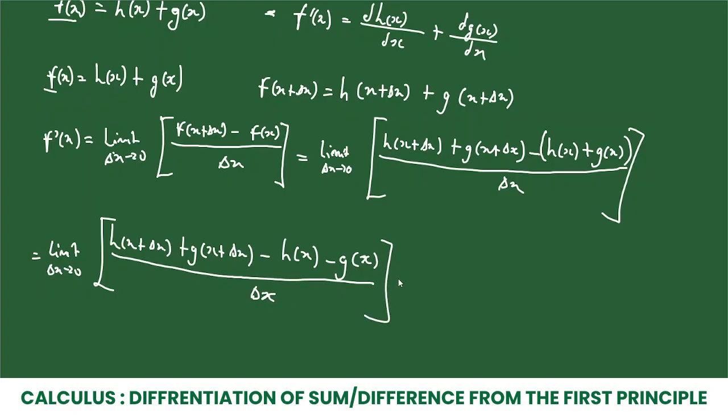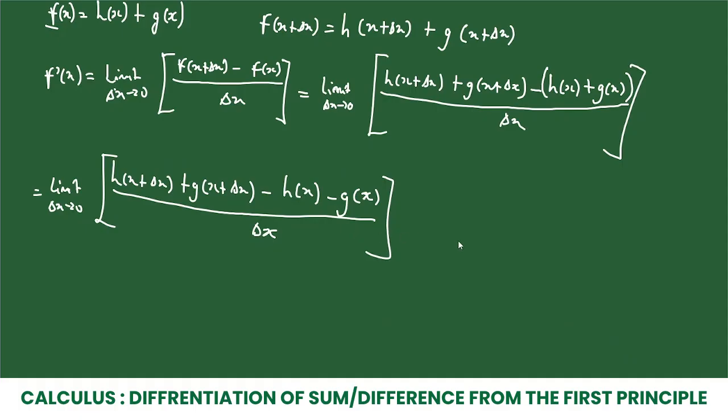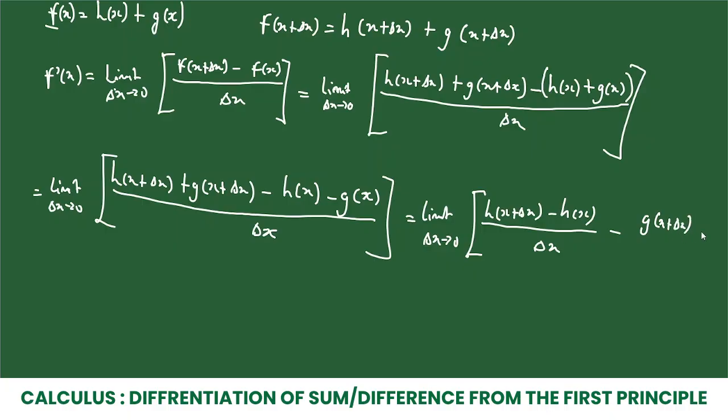So we can group like terms and separate this into two parts. This is going to give us the limit as change in x approaches 0 of h of x plus change in x minus h of x all over change in x, plus g of x plus change in x minus g of x all over change in x.